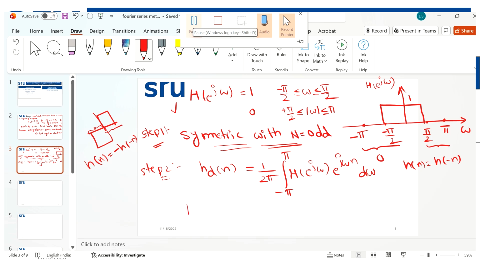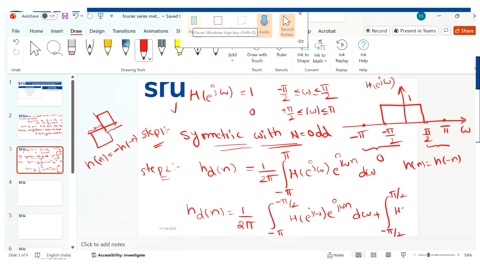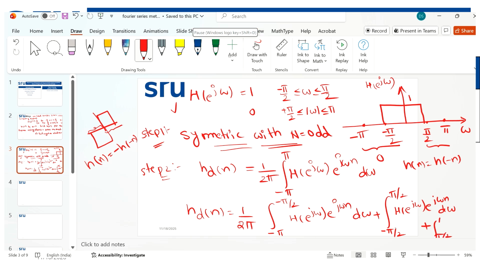So if I substitute the same, I will get hd of n equal to 1 by 2 pi integral, splitting the entire minus pi to plus pi as minus pi to minus pi by 2 of h of e power j omega e power j omega n d omega, plus the integral from minus pi by 2 to pi by 2, plus one more integral between pi by 2 to pi.